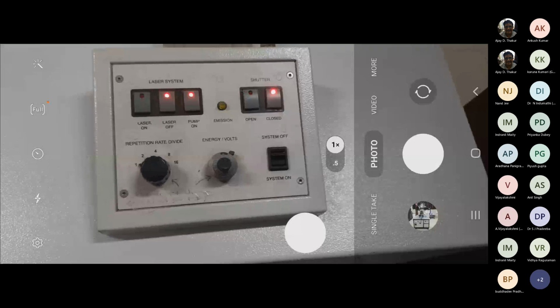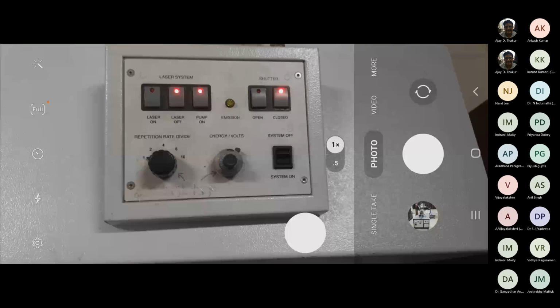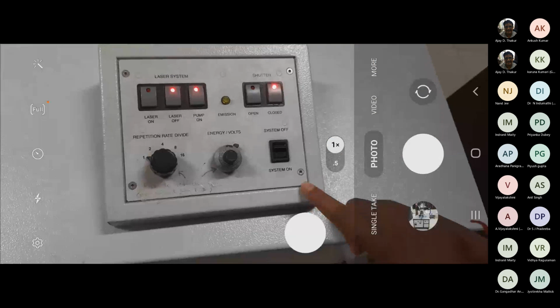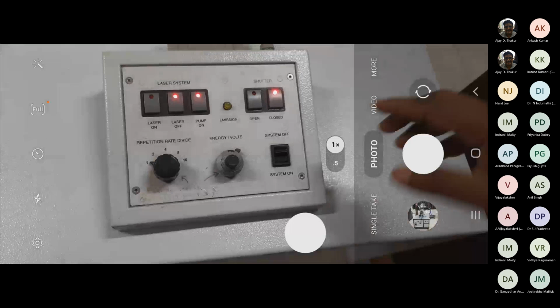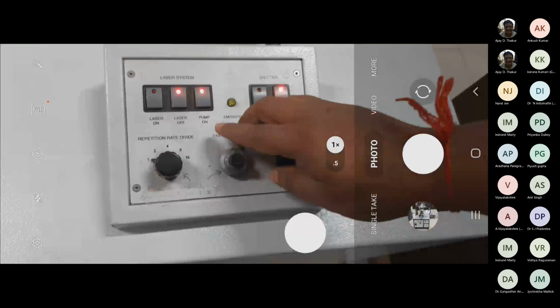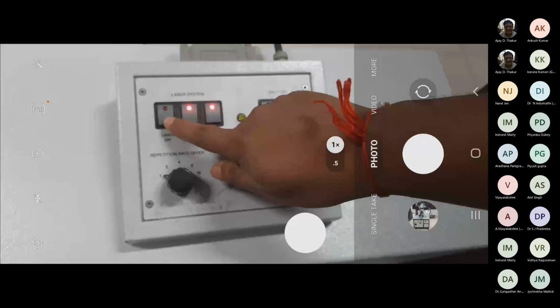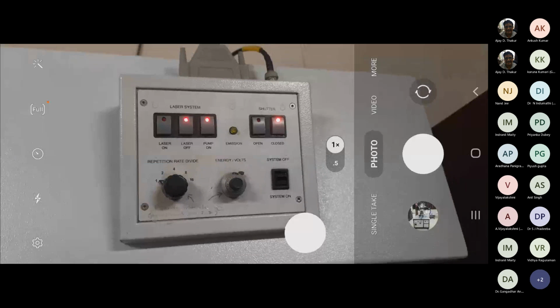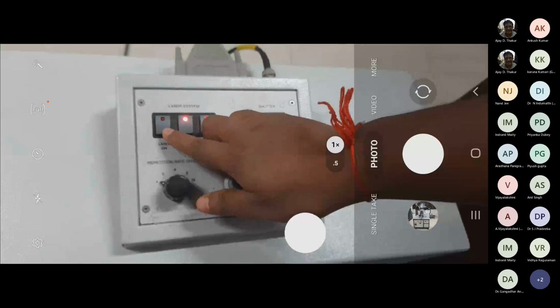So here you can also see the laser is off now. As we have already circulated the air for a very long time, it's fine now to start the laser, because we need some time to pump the atoms to their metastable state for a laser assembly, which is known as optical pumping. So we will give this much time, like 15 or 20 minutes, to pump the electrons to the metastable state.